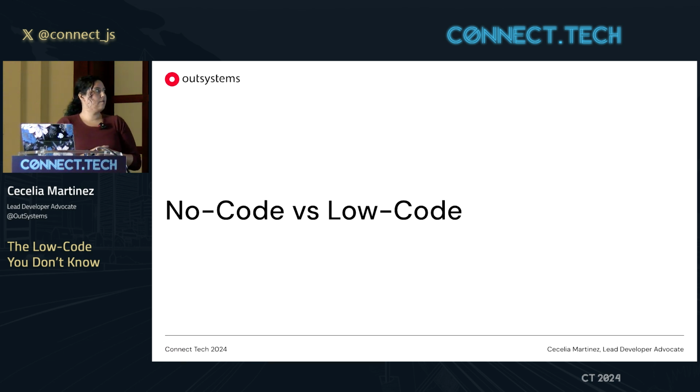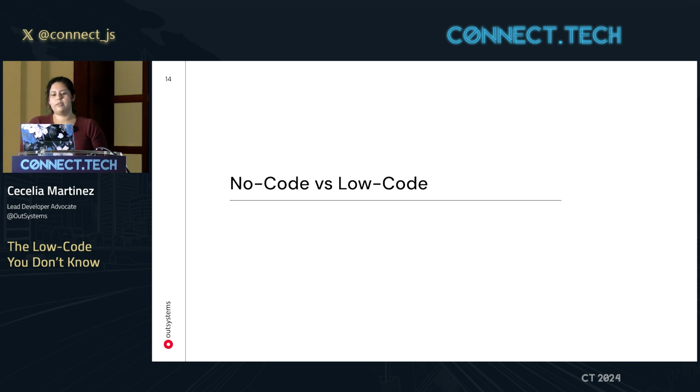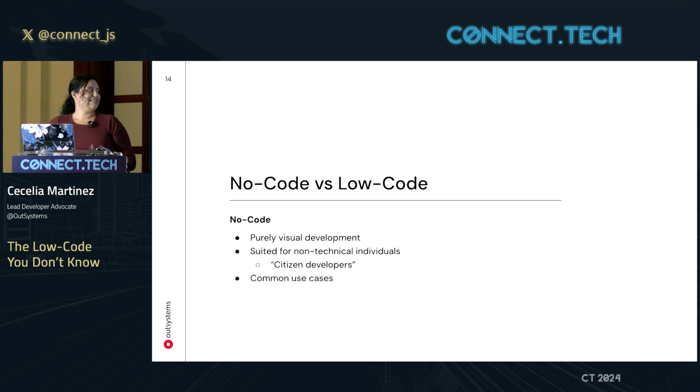I mentioned that we would talk about no code versus low code very briefly. So we are talking here about low code, which means that there is some code. You do interact with code for customization, and you also need to leverage software development practices and concepts. No code is purely visual development, and it's suited for non-technical individuals, or what we call citizen developers.